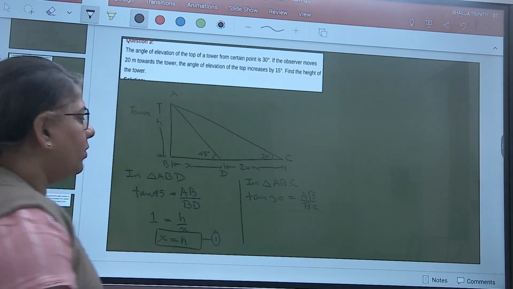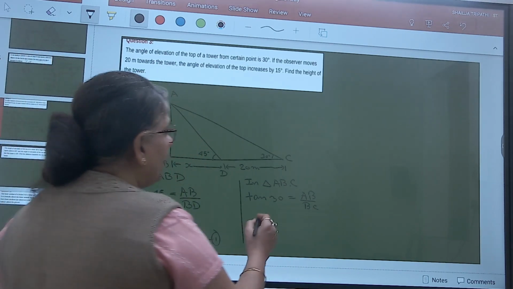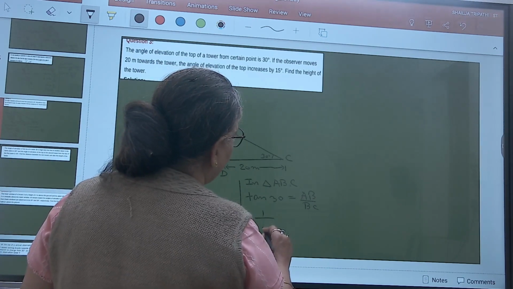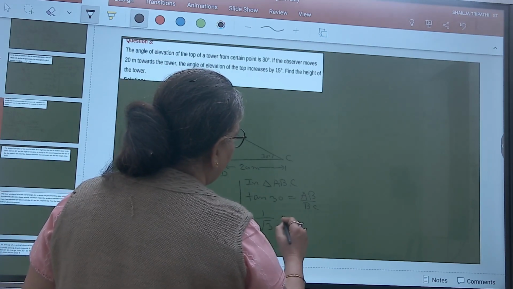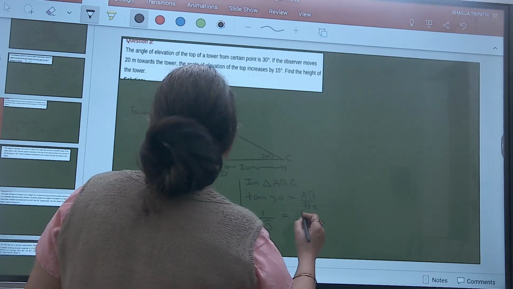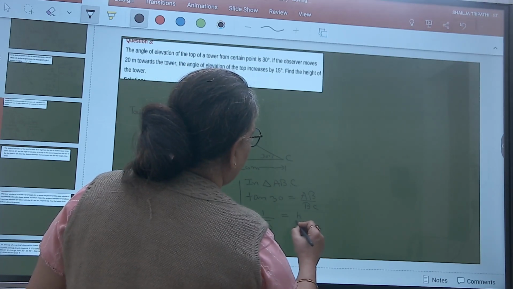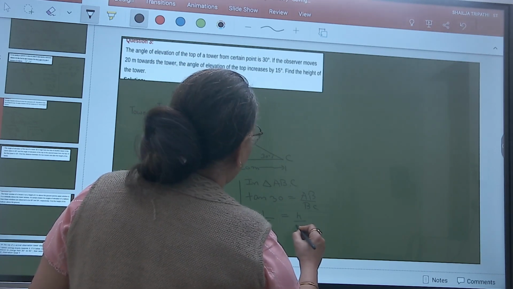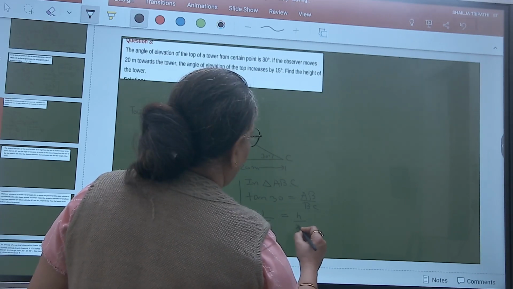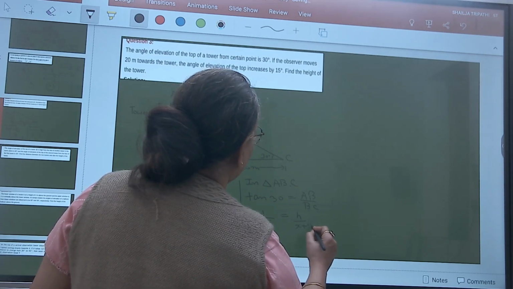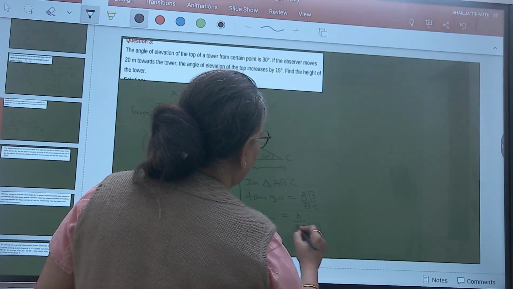Let's put the value. Tan 30 is 1 upon root 3, AB is h and BC is x plus 20.